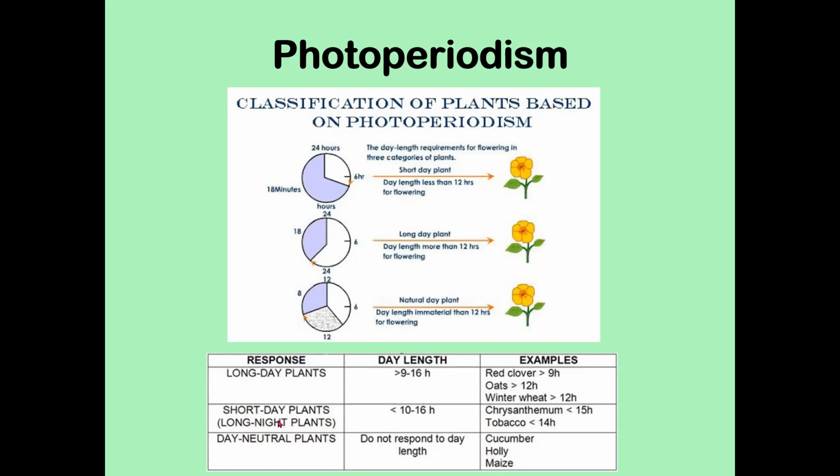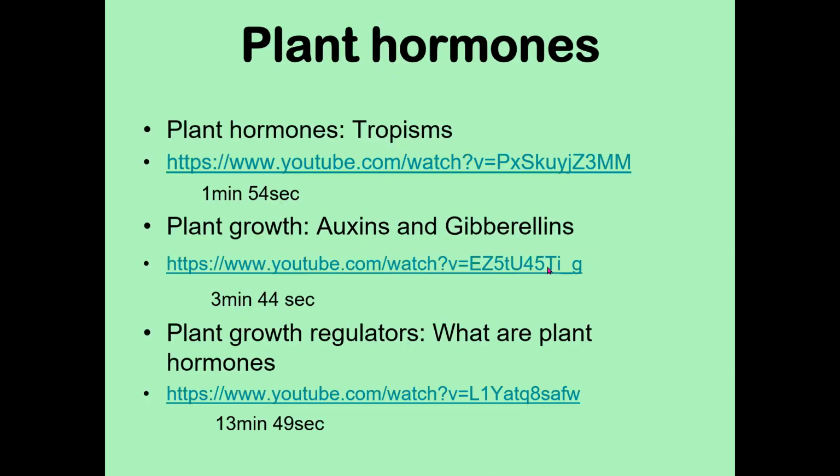Doesn't matter how long. So we have these responses, and give you some examples here. So, well, you know that some of your plants in the garden will flower in winter, some will flower in spring, some in summer.